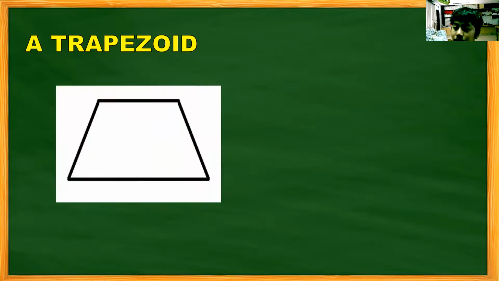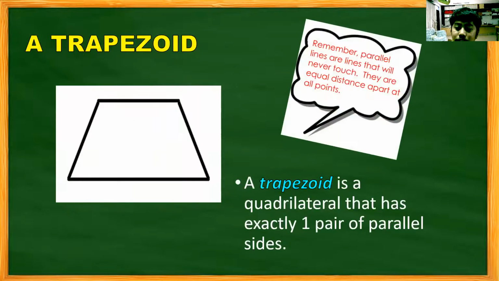A trapezoid, okay, this one is very complicated. A trapezoid is a quadrilateral that has exactly one pair of parallel sides. Remember, parallel lines are lines which never touch. For example, the railway.